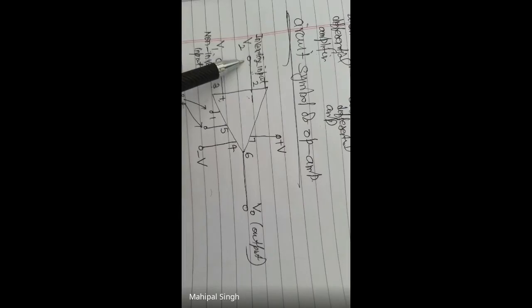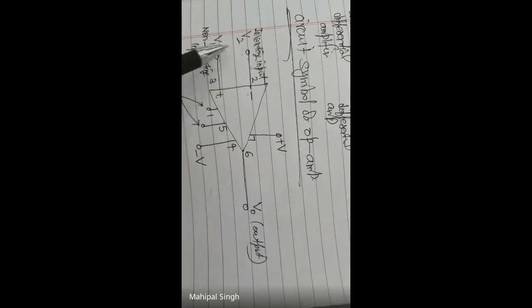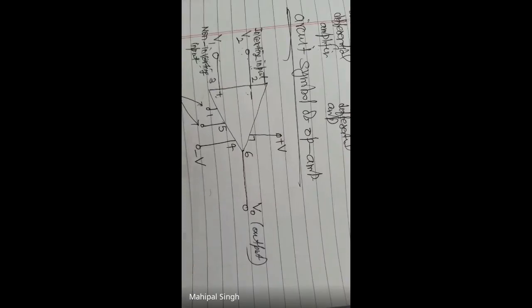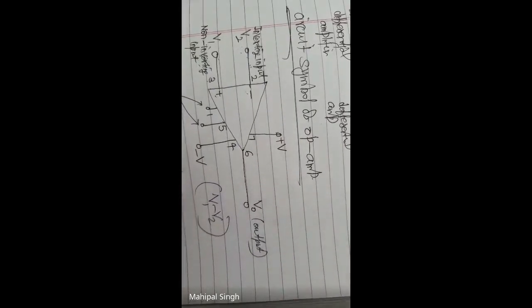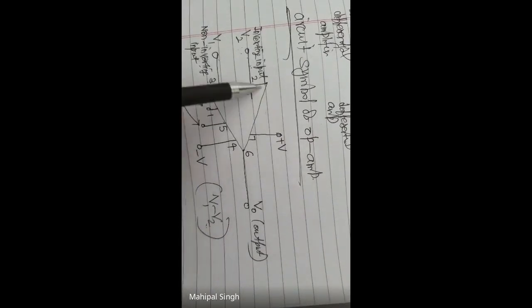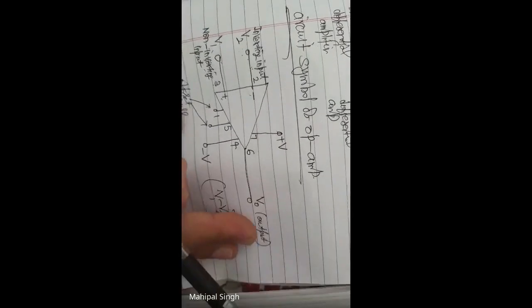Clear? The difference between these two voltages will be V1 minus V2. This acts as an input to the operational amplifier. This input difference voltage is denoted as VID.